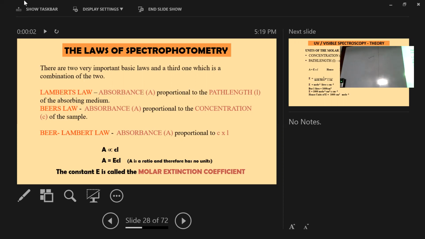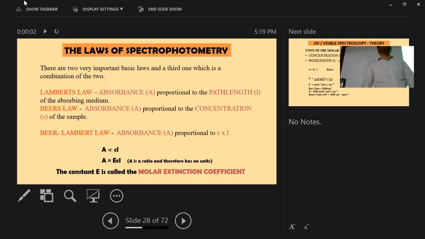So that is called A equals epsilon CL, or sometimes some people write it this way, A equals a CL. So this is the proportionality constant, what we call the absorptivity constant. So that is the relation. That means we have Lambert's law.